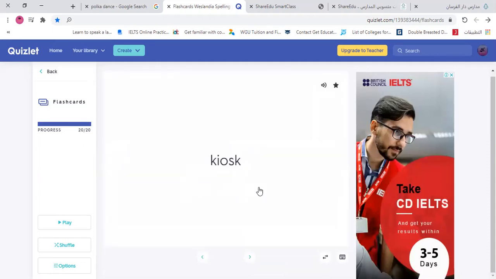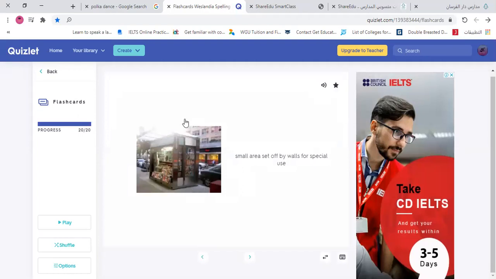Then we have kiosk. Kiosk, we call it in Arabic al-kushuk, which is when you go, for example, to the corniche, and you walk in there, you will find a small store like this, right? The small store like a baqqala, the small baqqal like this. We call it in English kiosk, and in Arabic we call it al-kushuk. Small area set off by walls for special use. Maybe ice cream.